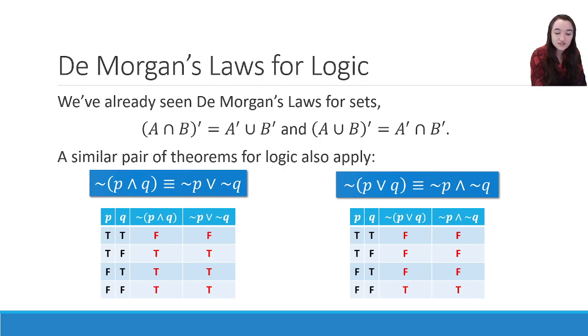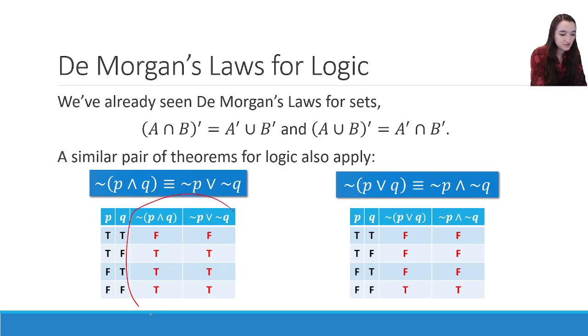Well, logically, we then get, instead of our intersection, we have our and statement. Instead of our union, we have our or statement. Instead of our complement, we use negation. But we're just changing the symbols. It's basically the same principle. Because logic and set theory are very similar, it just takes a little bit of thought to see how they work the same way.